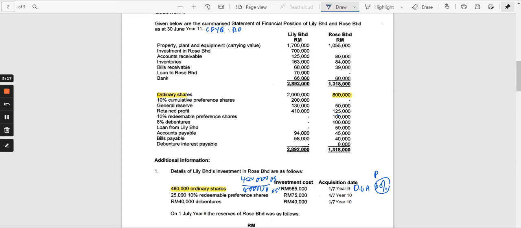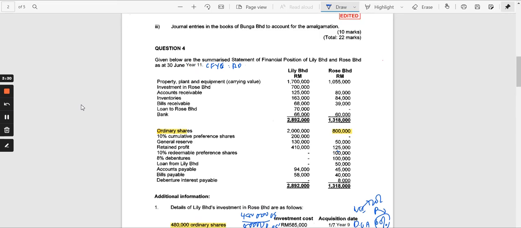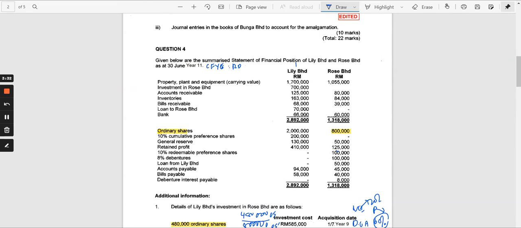So if this is 60, NCI would be 20%. This is the one of parent. So if that is the case, Lily is the parent company or the holding company, and in our case here, the subsidiary is Rose Berhad.